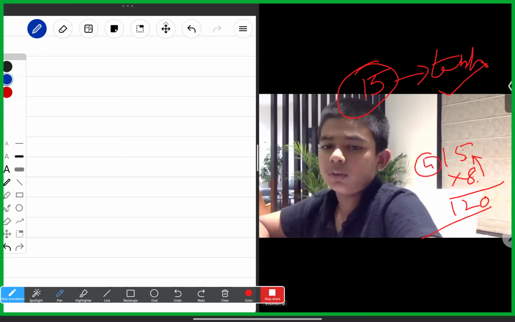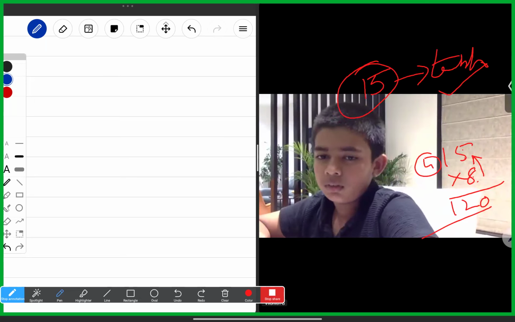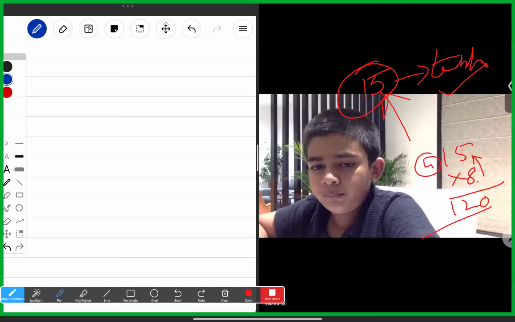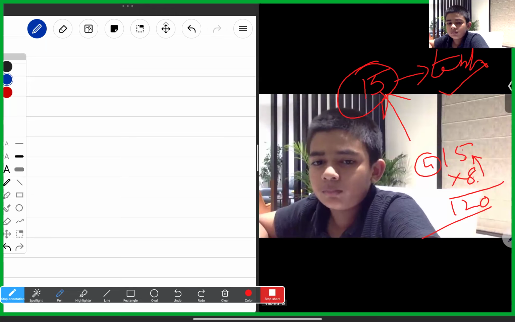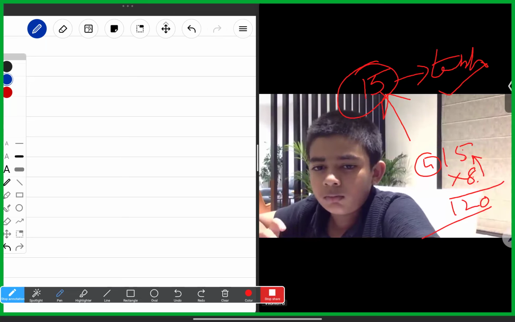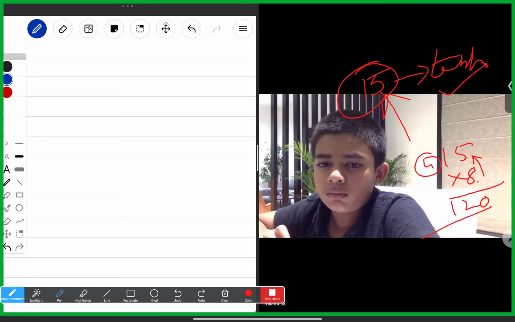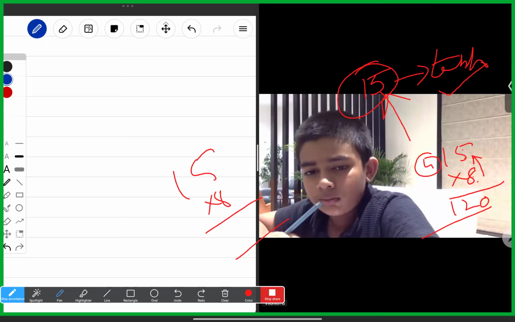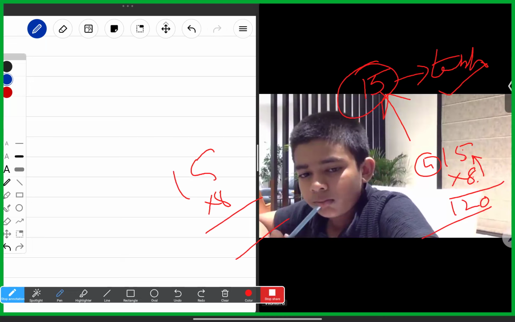Slowly we can learn till 20 in 7th class, but as of now we will keep 15 as the target for the next 2 months. Learning till 15 will be an advantage to save a little time. Otherwise, if you know till 10 perfectly, and you require 15 into 8, we can do normal multiplication and get the answer.